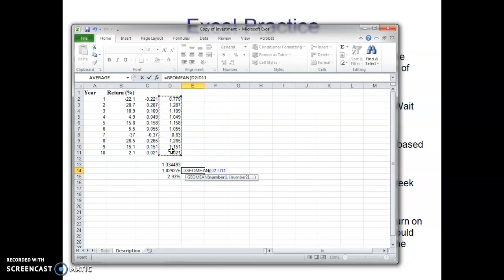Now notice the data I'm scrolling over. Excel is recognizing in this function the number 1 plus your decimal percentages, okay? It's not recognizing the decimal percentages or the whole percentages. It's recognizing 1 plus the decimal percentages.